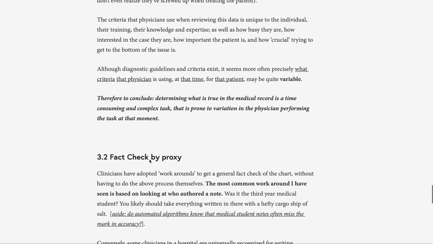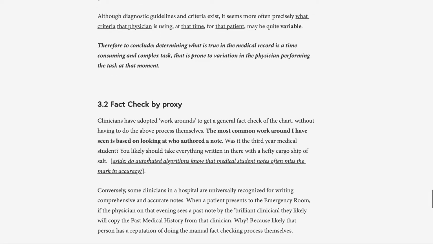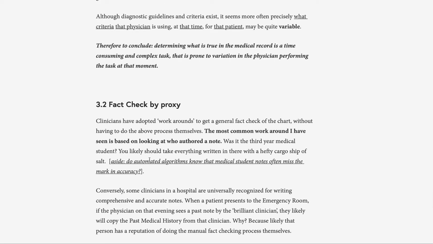So therefore, what often will happen is that certain clinicians within a hospital will become universally recognized within that institution as writing comprehensive, accurate notes.